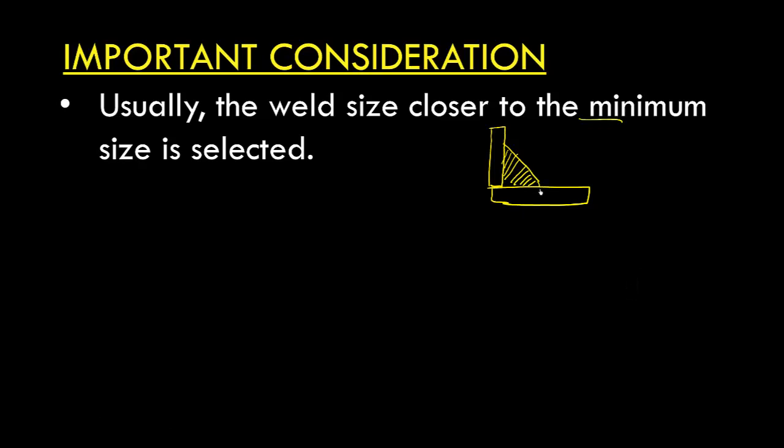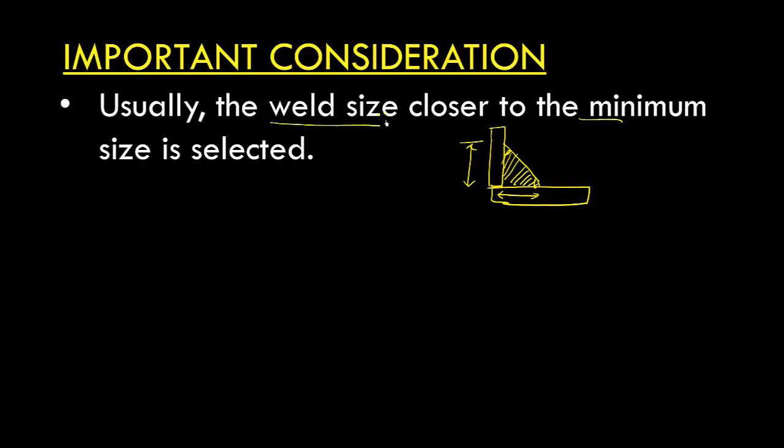Now this distance is defined as weld size. We'll discuss this a little bit more, and generally these two remain equal. So either this dimension or this dimension can be called the weld size, and generally these two dimensions are equal. This means this angle is 45 degrees and this angle is 45 degrees.